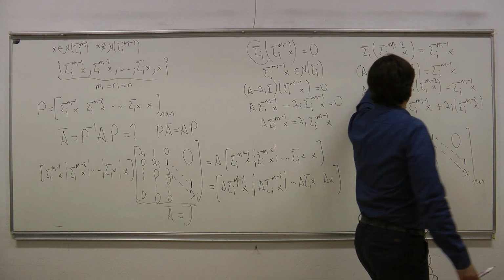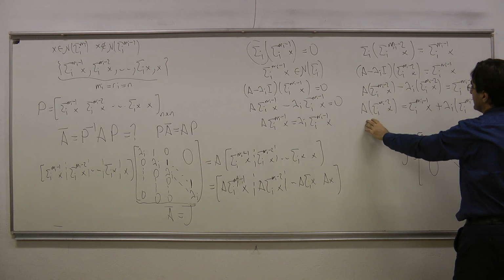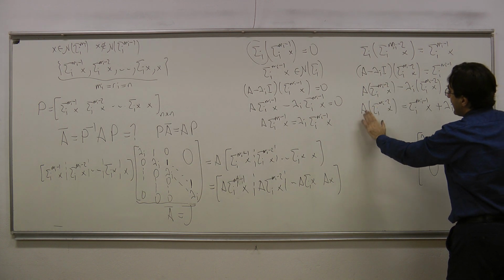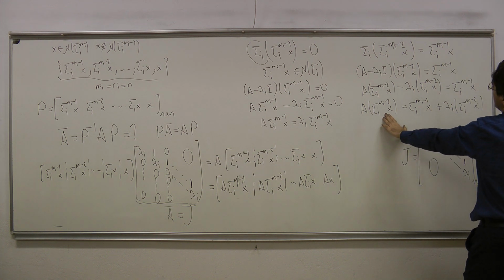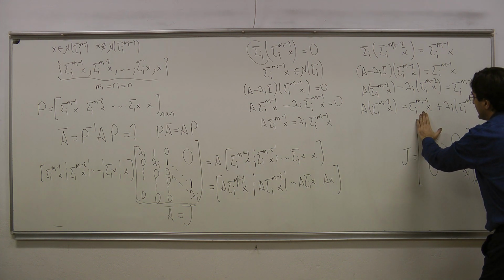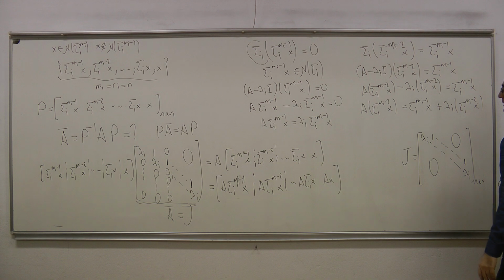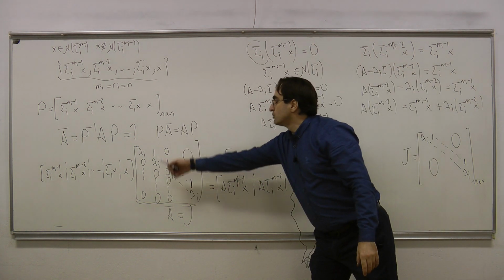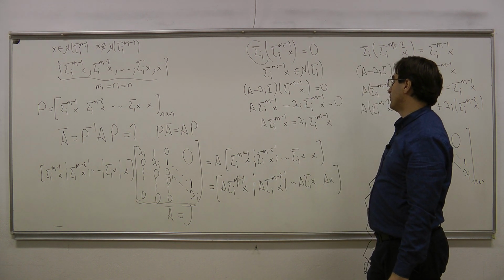Then instead of sigma I, if I write A minus lambda I identity, I would always get A times an element of the chain equal to the previous element of the chain plus lambda I times the same element of the chain. That is why these Jordan canonical forms are turning out in this form here.